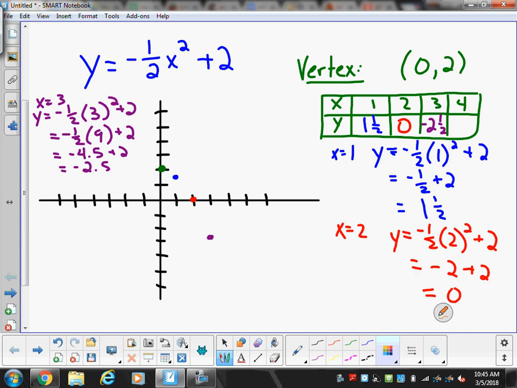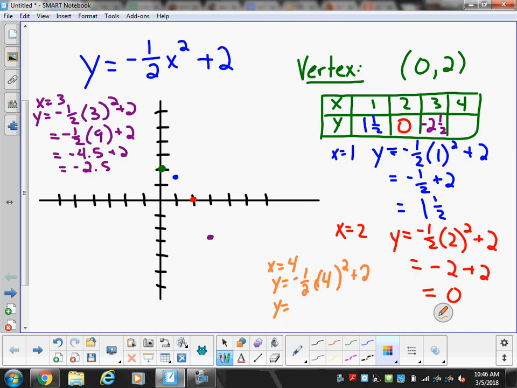Okay, we need one more. When x is 4, we have y equals negative 1/2 times 4 squared plus 2. So I square the 4 and I get 16.